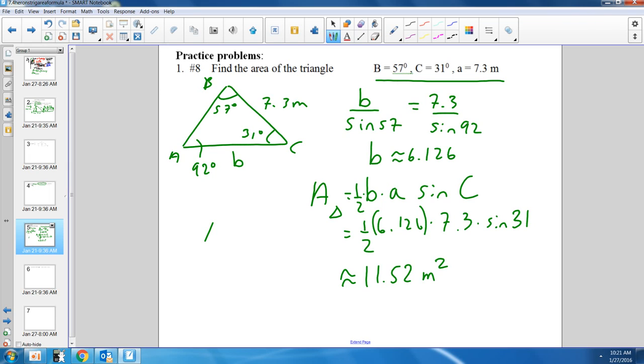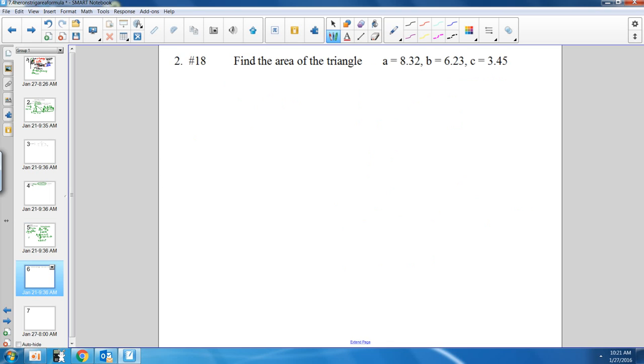The second one is going to involve Heron's formula. Heron's formula is used where you're given three sides of a triangle. And the three sides of a triangle in this one, number 18, are A is equal to 8.32, B is equal to 6.23, and C is equal to 3.45.